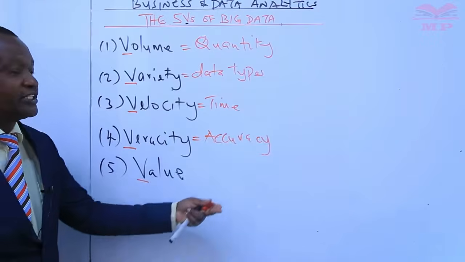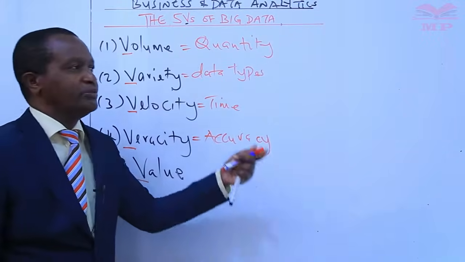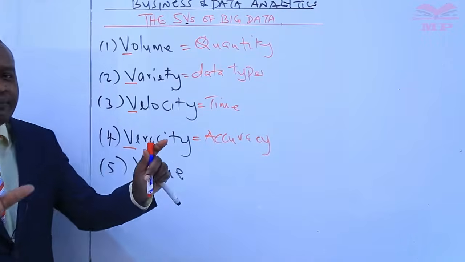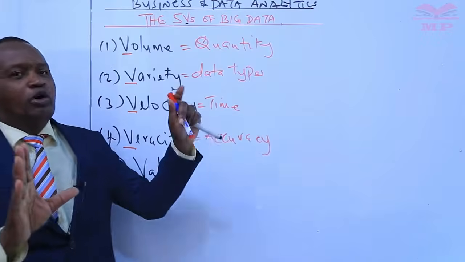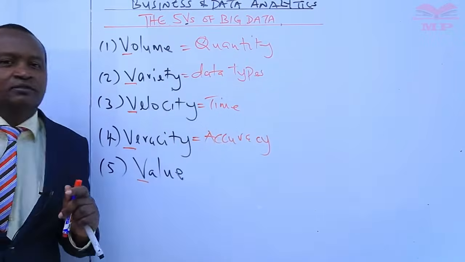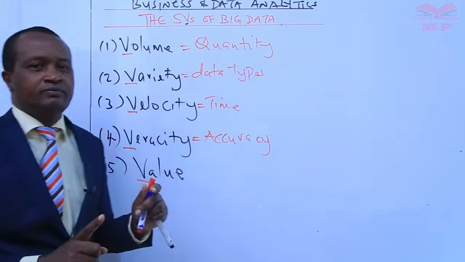Because sometimes data can be messy. Data can be messy, data can be difficult to use. And a large amount of data can cause more confusion than insights, especially if such data is not complete.